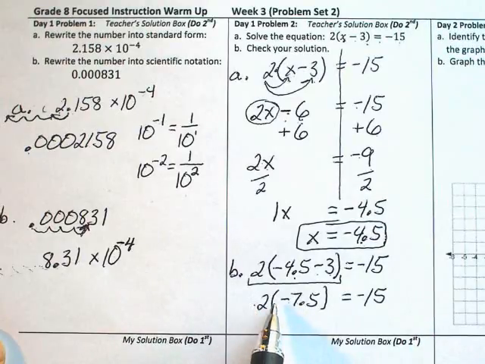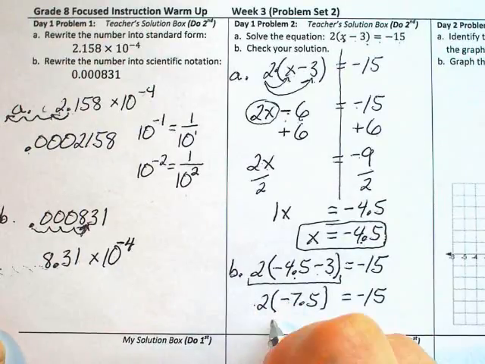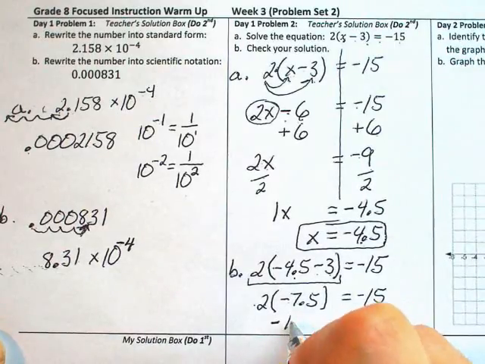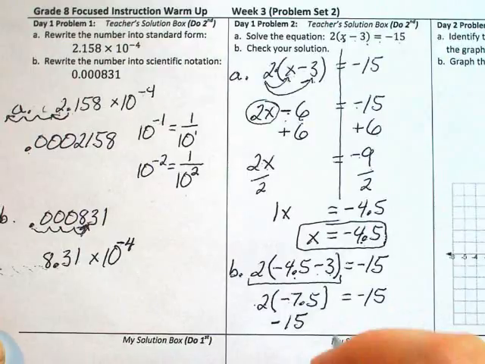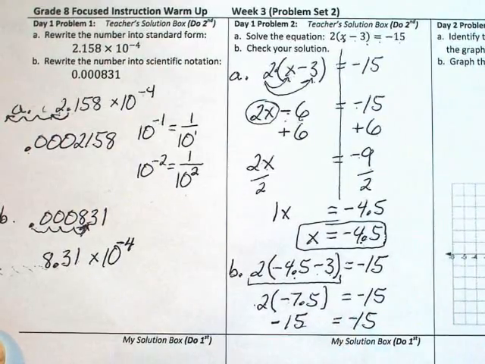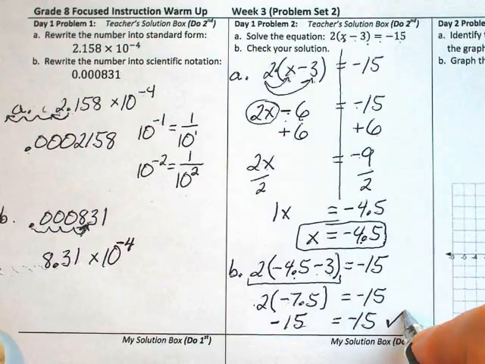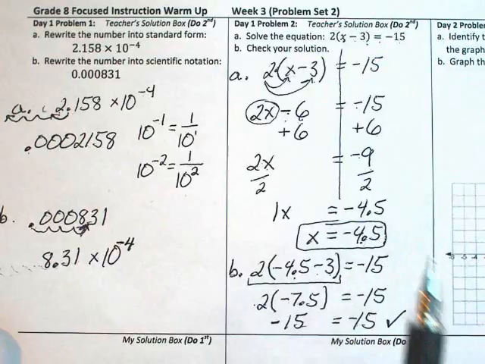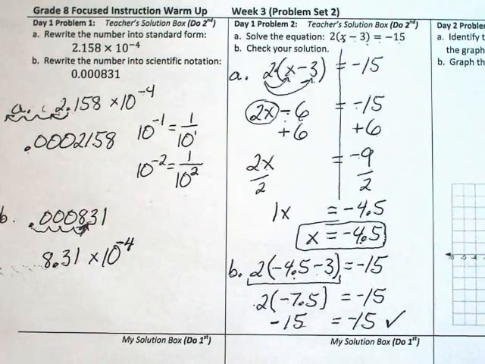Well, a positive number times a negative number creates a negative number, and 2 times 7.5, so 7.5 plus another 7.5, is negative 15. And that is equal to negative 15. So are they the same? Yes, they are. And this problem checks. The answer x equals negative 4.5 is the correct value for x.